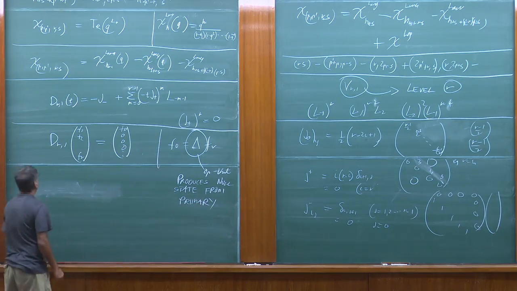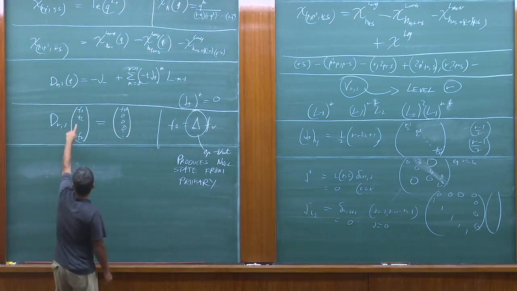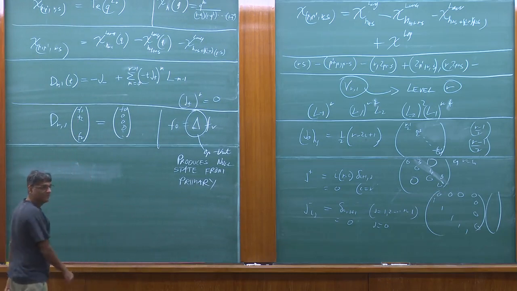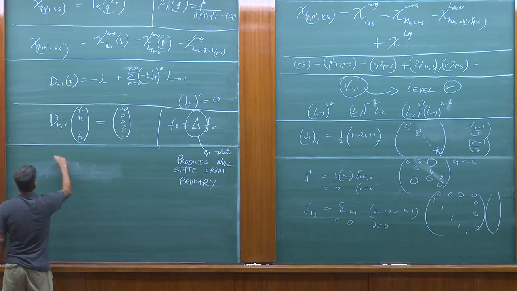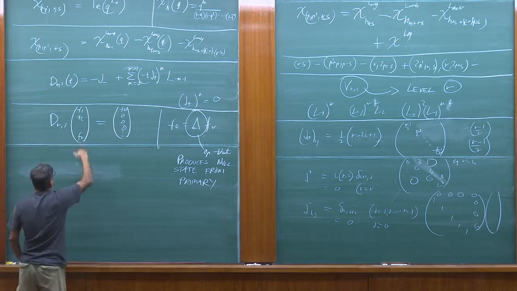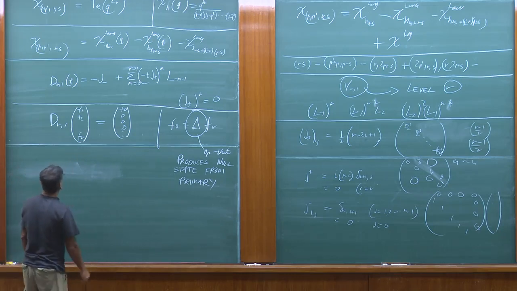Okay. So let's take this d_{r,1} and look at it a little bit so that we understand its action on f1, f2 and so on. Okay, so let's take d_{r,1} and explicitly see what we get when we act on f1, f2 down to fr. So first we have minus j_r.